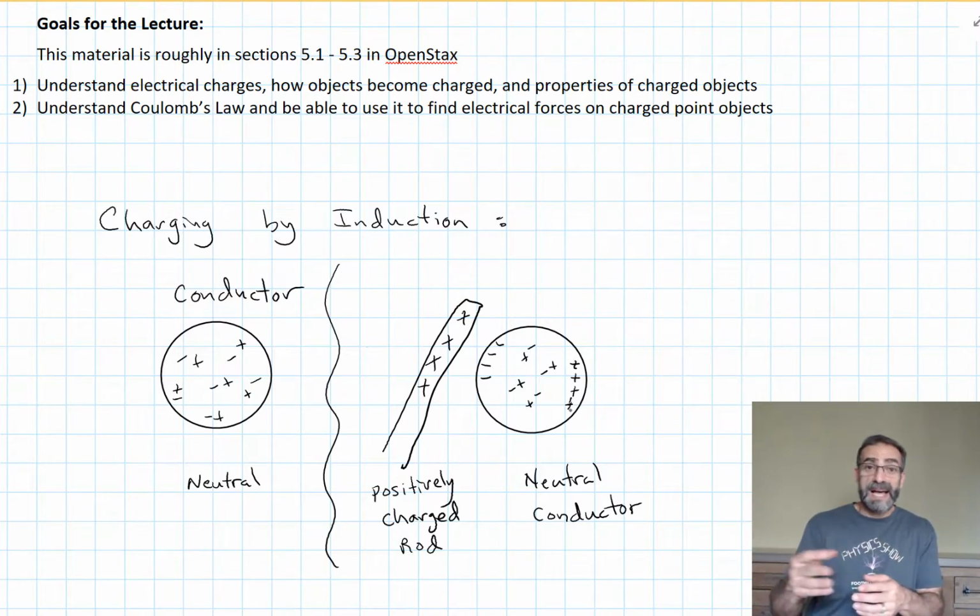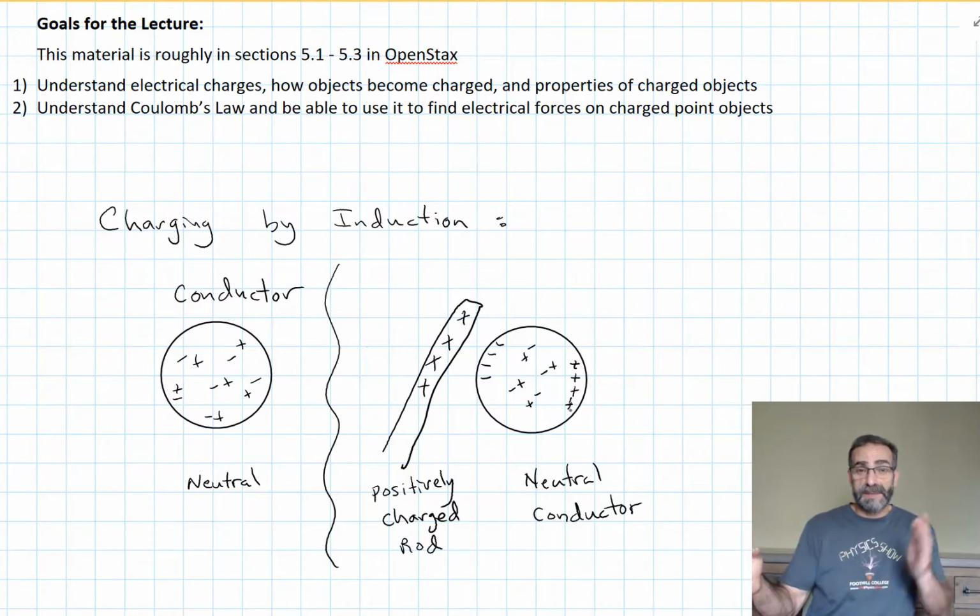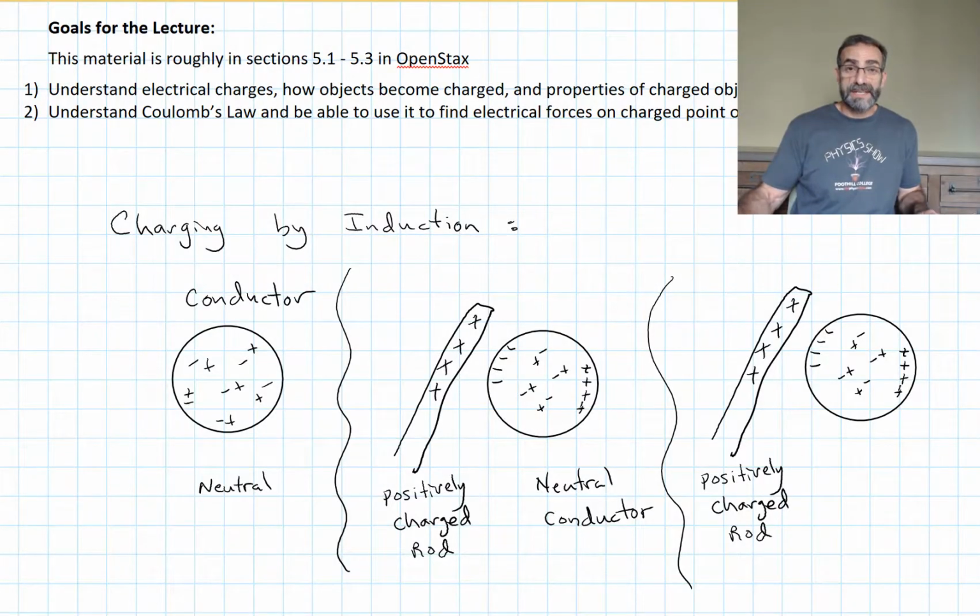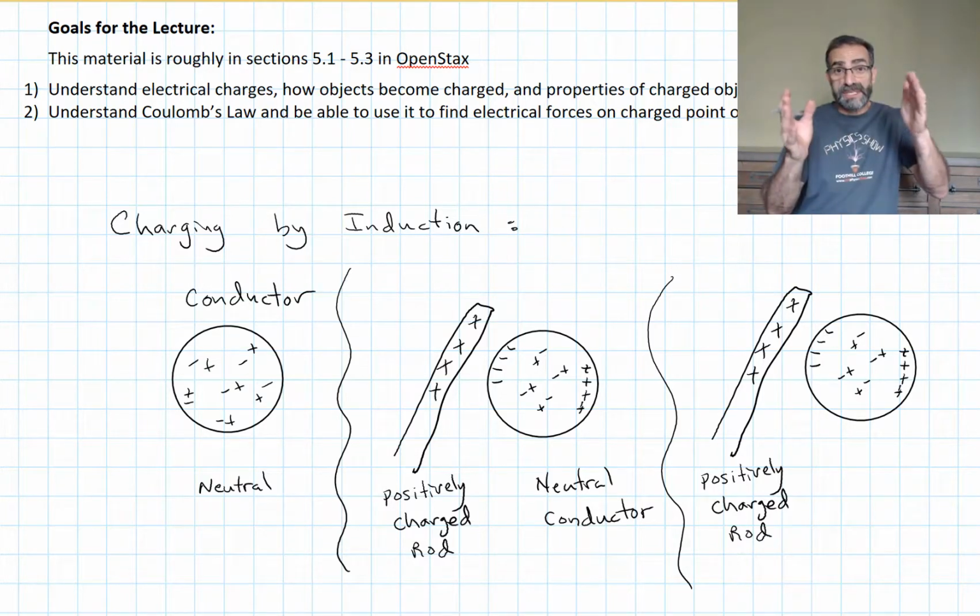The positive charges want to move away as far as they can from the positively charged rod. Now we know positive charges don't move, it's the negatives that move, but sometimes it's a little easier to think about it that way. Of course, the conductor is still electrically neutral, has the same number of positives and negatives. We just induce this charge separation.